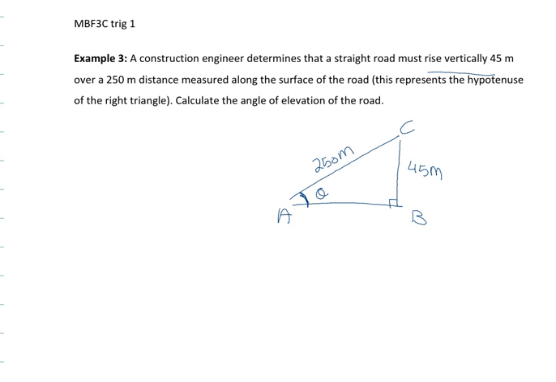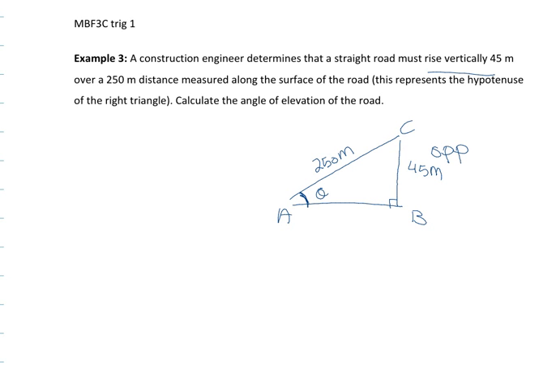So, did I draw my picture? Yeah. Perfect. Now what do I need to do after that? Determine the trig ratio. I have to label my triangle first: which one is my adjacent, which one is my hypotenuse, which one is my opposite. So my angle of focus is right here. Where is the opposite side to it? 45 meters.